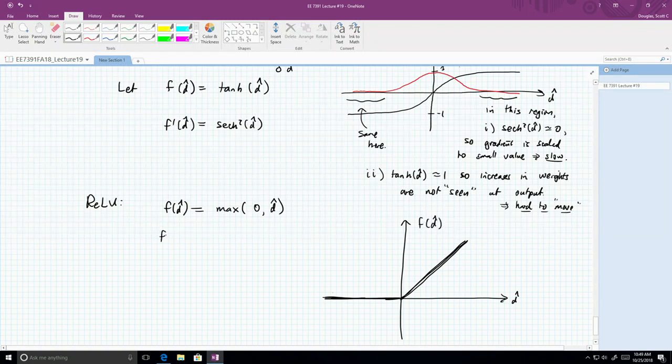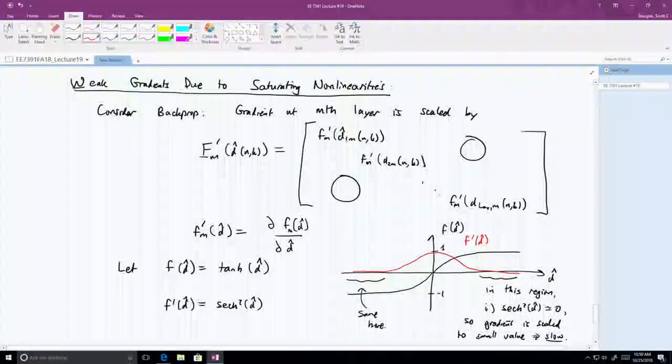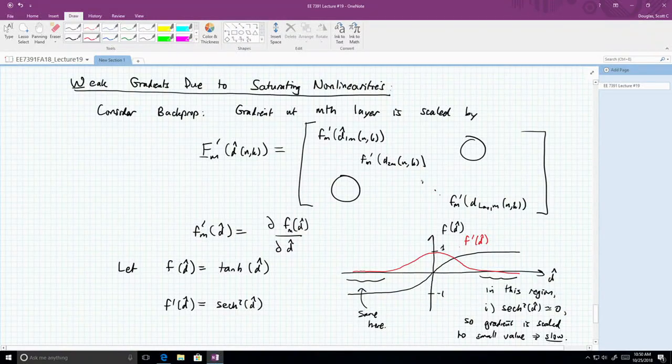Now, if I take f prime of d hat, that turns out to be the unit step. So it's 0 here, flat, but then it goes up to 1. It goes like this. So this is f prime of d hat, okay? So basically, these derivatives will either be 1s or 0s, but at least they'll be 1s.